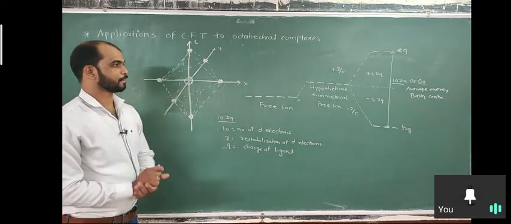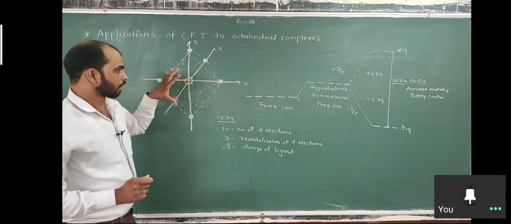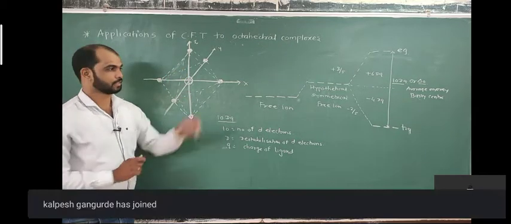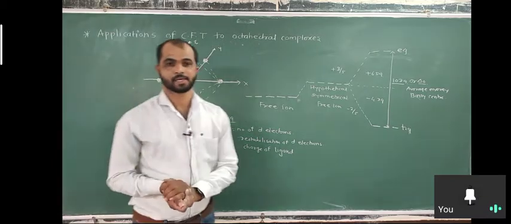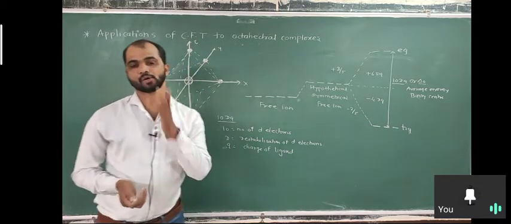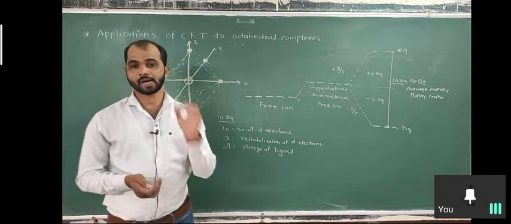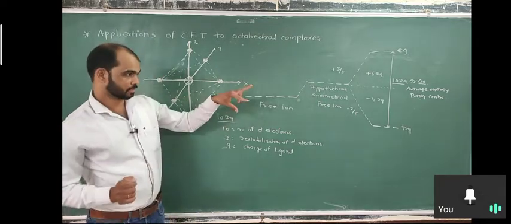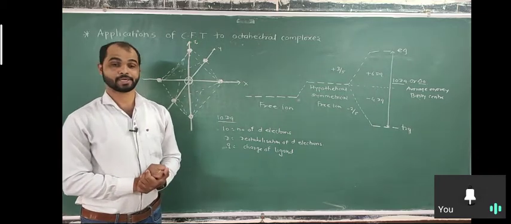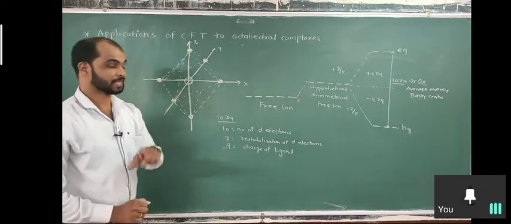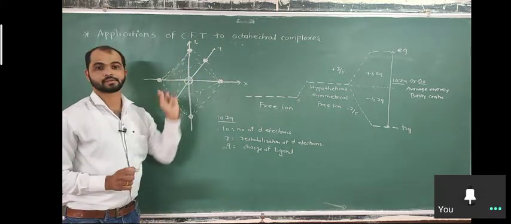So it is all about how we decide the splitting. In square planar complexes, trigonal bipyramidal complexes, or tetrahedral complexes, this splitting is different. So splitting depends on geometry.